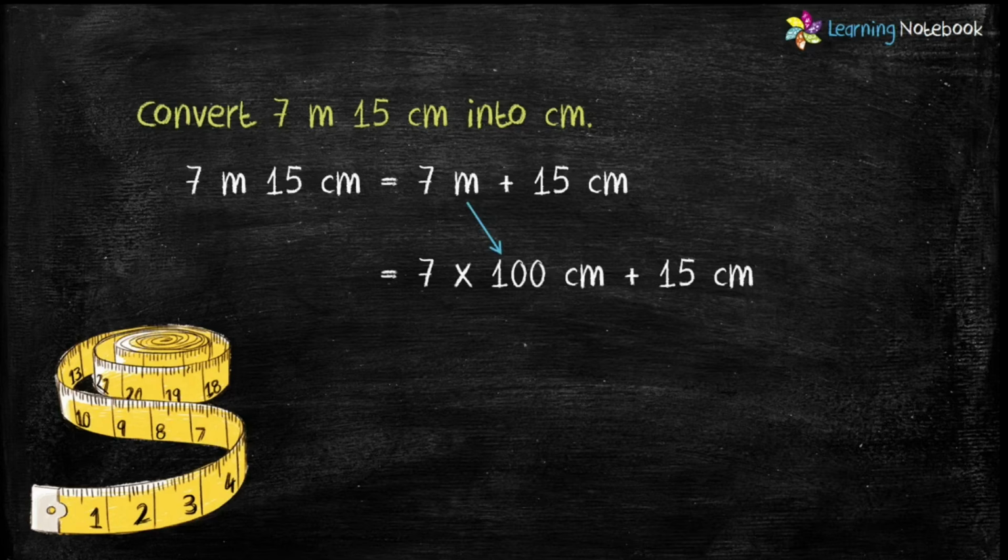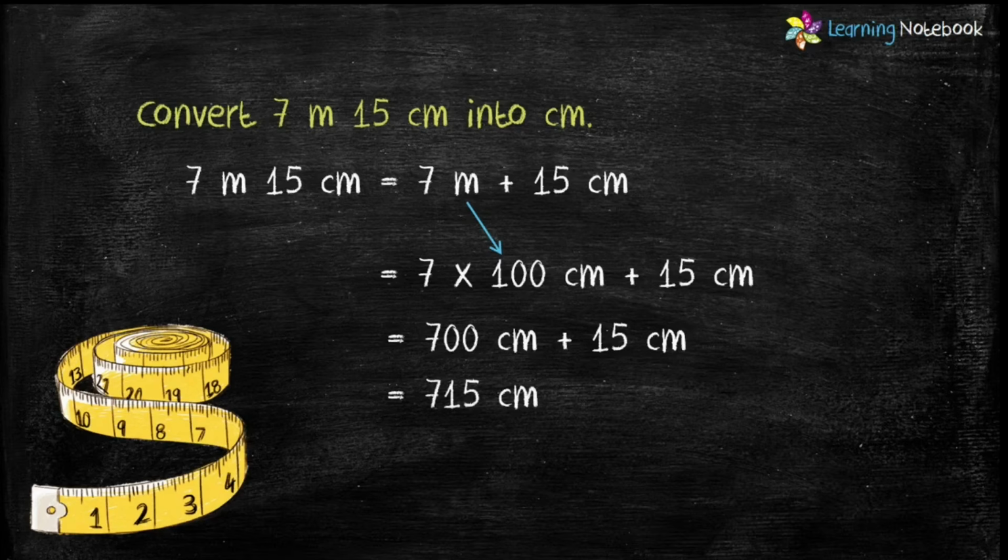To convert 7 meter into centimeter, multiply by 100, which is 7 into 100 centimeter. 7 into 100 equals to 700 centimeter. Therefore, 700 centimeter plus 15 centimeter equals to 715 centimeter.